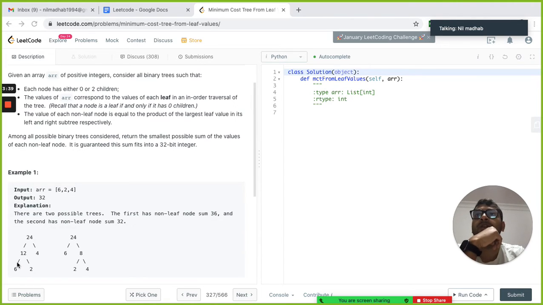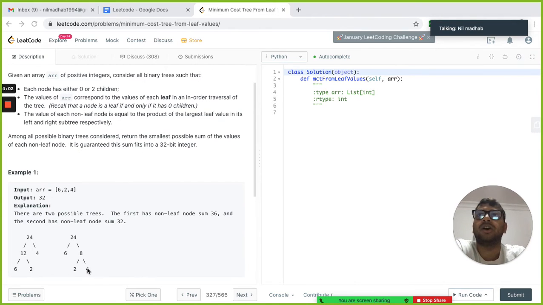So 12 will be the product of 6 and 2. 24 will be the product of 6 into 4, the largest leaf values. And 8 will be the product of 2 and 4. 24 will be the product of 6 and 4. Okay.